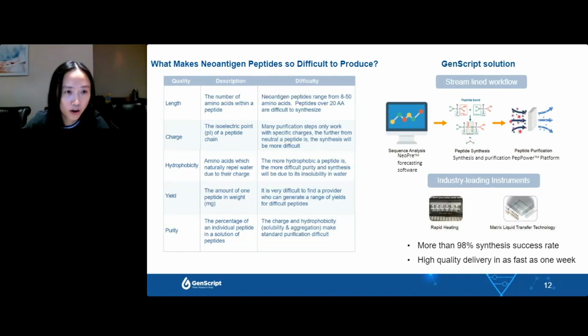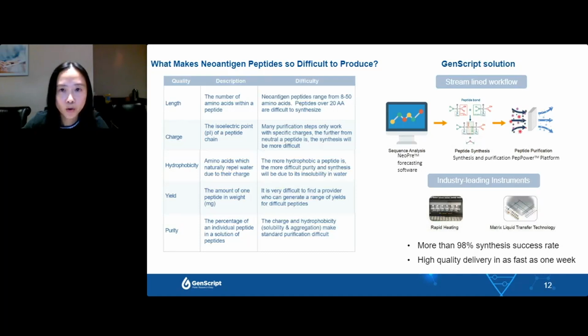And the charge and hydrophobicity will affect the purification. And the yield is the amount of how much we can produce. It's also another thing. It's not easy to do.